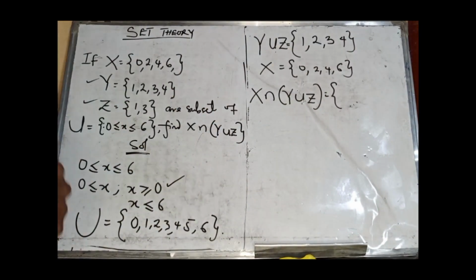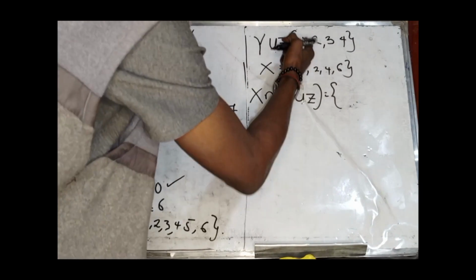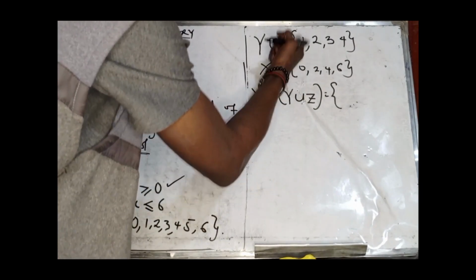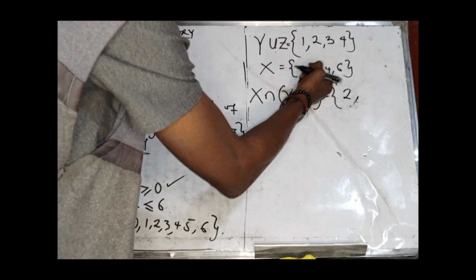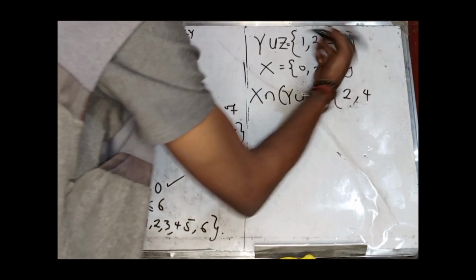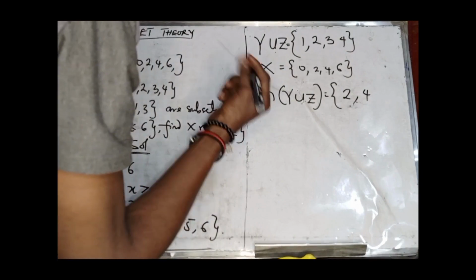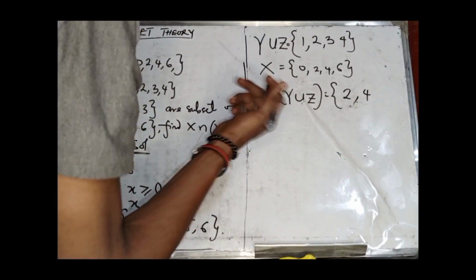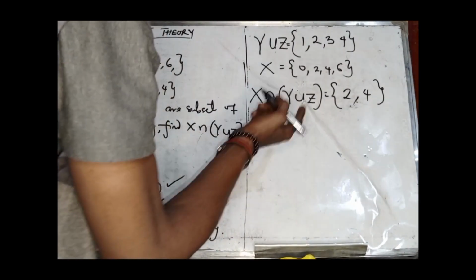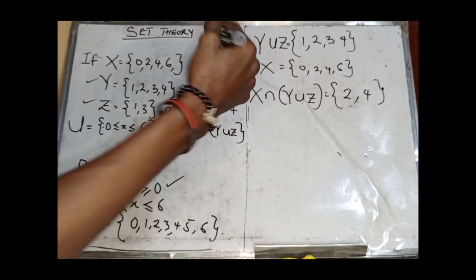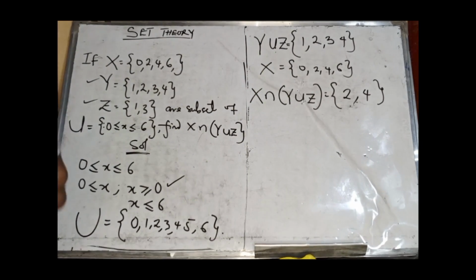That is exactly what I am looking for. We have 0 here, we don't have 0 there. We have 2 here, we have 2, so 2 is common. We have 4, we have 4, so 4 is common. I think there is no other common element between the two sets. So my final answer to this question is just 2 and 4, because they happen to be the only elements that are common in both sets.